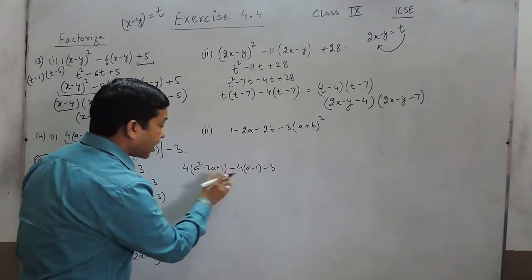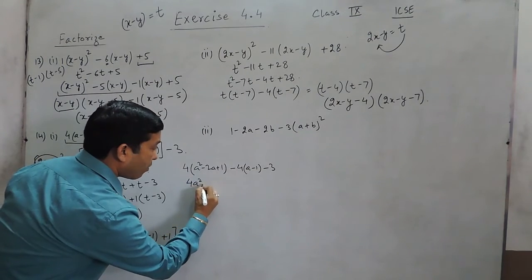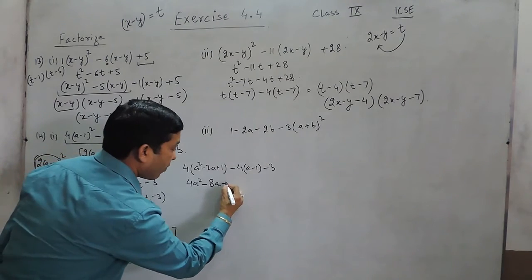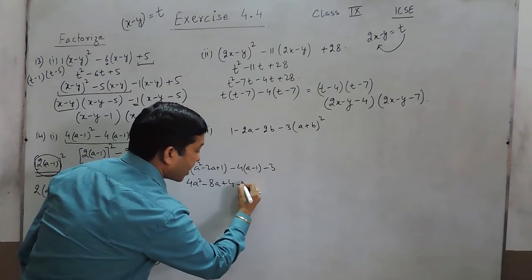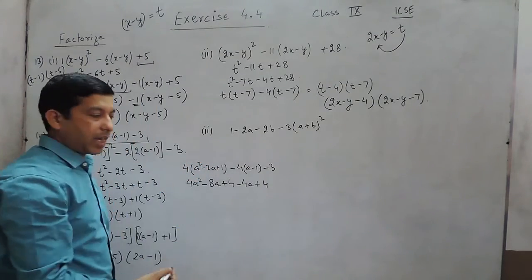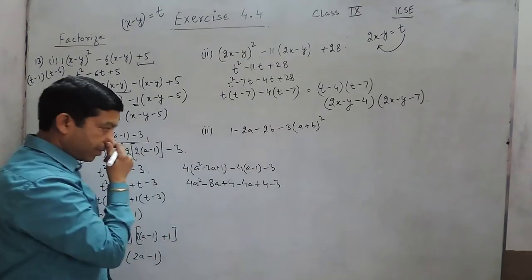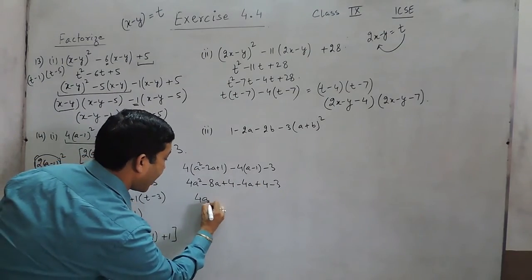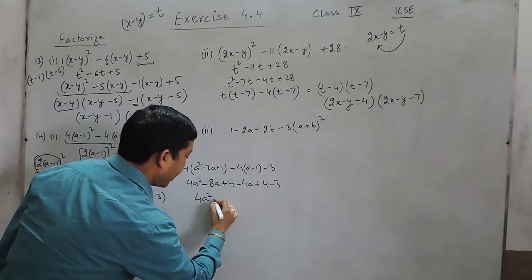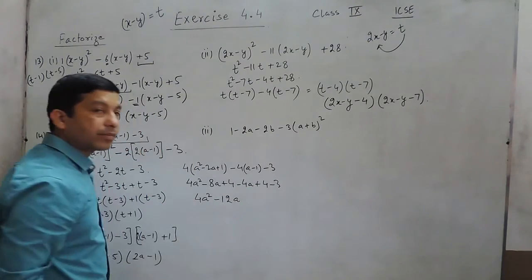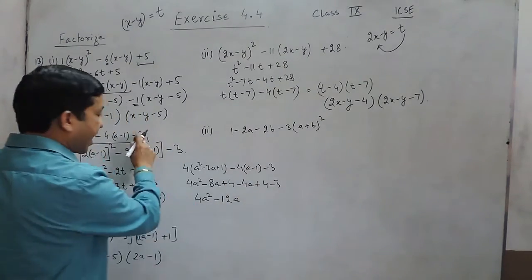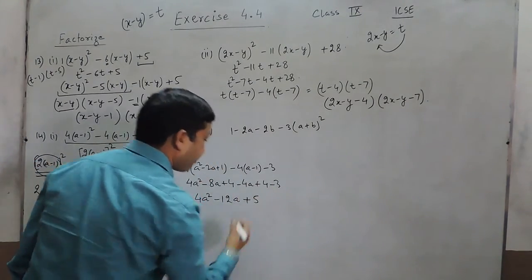Now, if I multiply this, it becomes 4a square minus 8a plus 4 minus 4a plus 4, minus 3. If I solve it, it is 4a square minus 8a and minus 4a is minus 12a. Then plus 4 is plus 8. If I subtract 3 from it, it is plus 5.